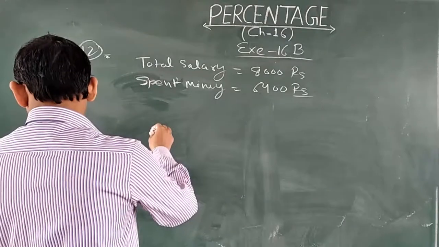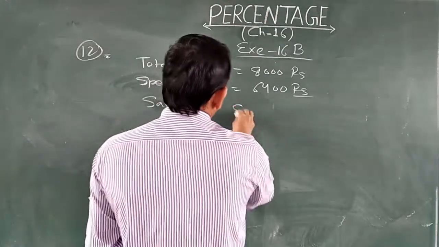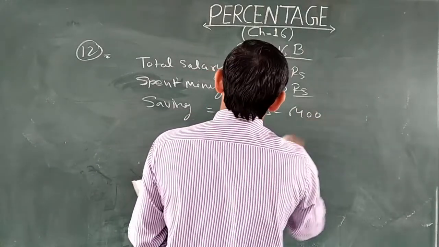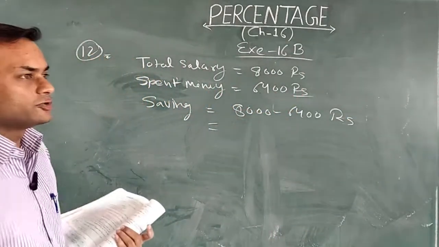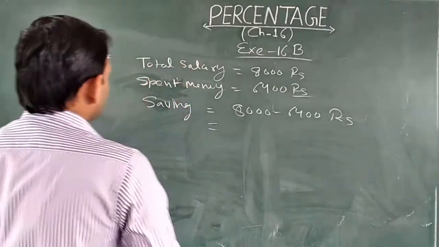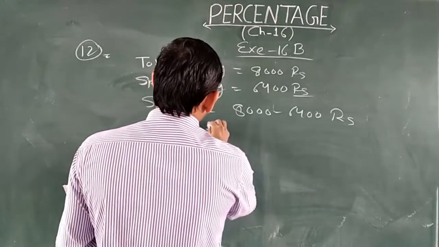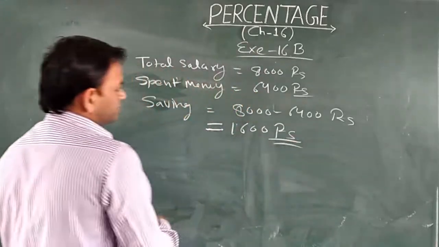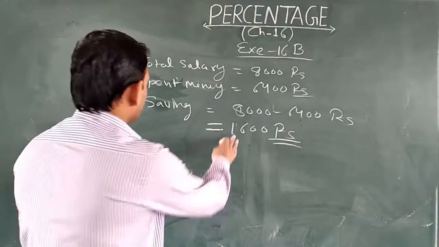So first of all we will find the saving by subtracting 8,000 minus 6,400 rupees. Both the values are in rupees. After that you have to find the saving in the percentage. When you subtract, you will get 1,600 rupees as a saving.